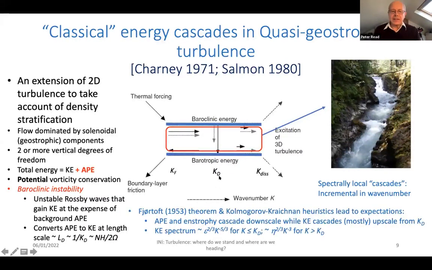So as I say, the Fjørtoft theorem and these well-known heuristics lead to these expectations about available potential energy also cascading downscale, while kinetic energy cascades mostly upscale from this deformation radius. And for scales smaller than the deformation radius, the flow is essentially dominated by this entropy cascade, and you get this typical spectrum that has a break between a k to the -5/3 and a k to the -3 at around the deformation radius.